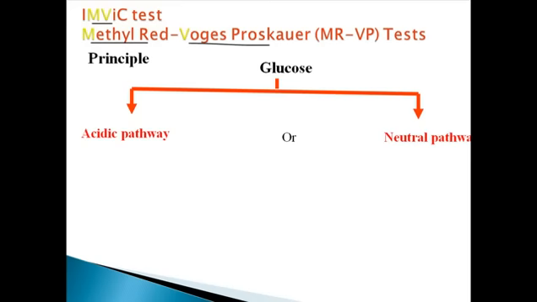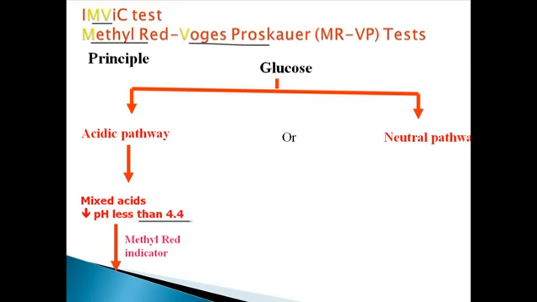The acidic pathway produces mixed acids, and after their production the pH falls to 4.4 or less. When it falls below 4.4, the methyl red turns red, and we can see the coloration and call it an MR positive test.